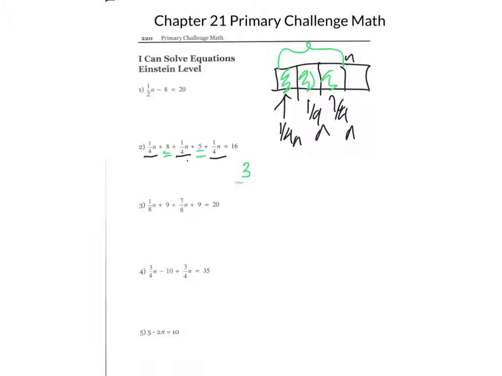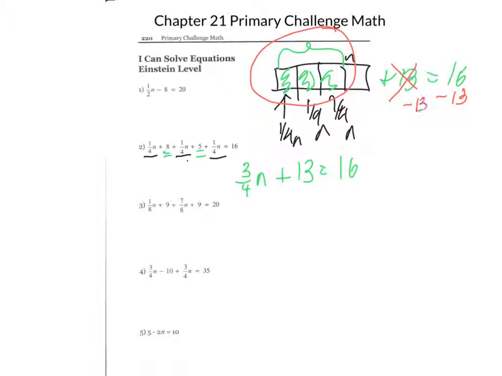So 3/4 of n plus 13 equals 16. So what about, how much is this without the 13? So I subtract 13 from both sides.